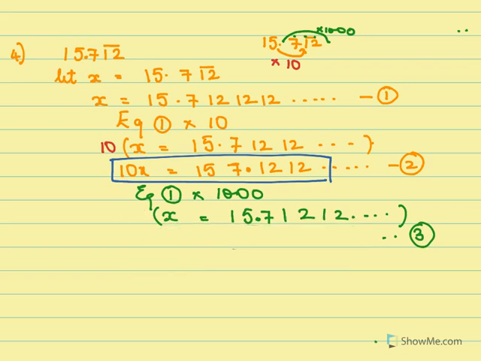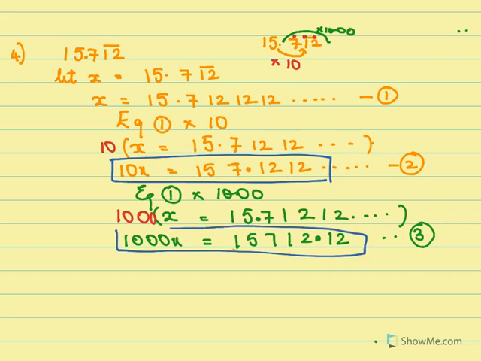I need to redo the sum. This will be multiplied by 1000, because the decimal has to come 1, 2, 3 places after. So I will get 1000x, and this will shift to 15712.12. The decimal will shift here. So I will take the second, and this is my third.